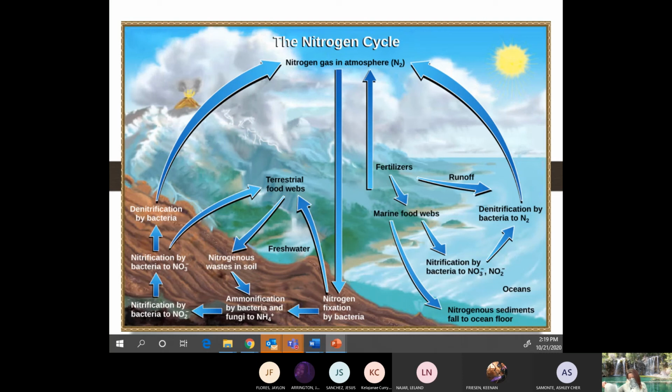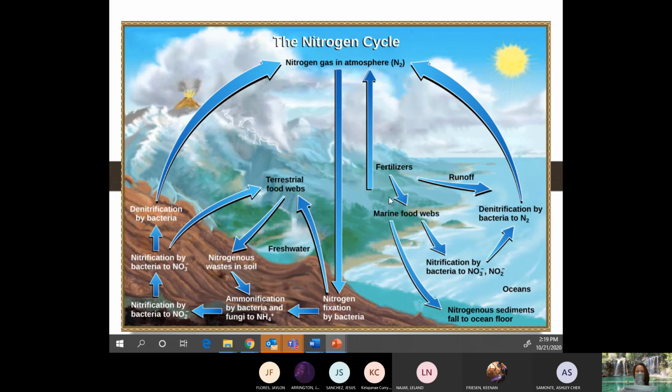So the nitrogen picture you guys have is a little bit different. It shows like the factories. Was there anything else to write for this? Not yet. You guys just have a different nitrogen cycle picture.